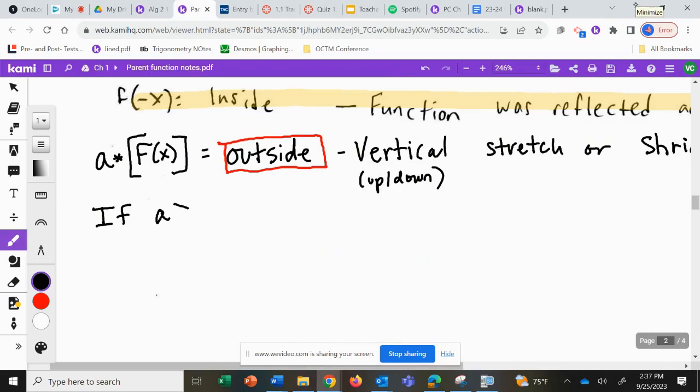If A is greater than 1, we're going to have a vertical stretch. If we multiply by something that's bigger than 1, it gets bigger. Now, McKendrick also went on. He said, if it's less than 1, then it's going to be a vertical shrink, and that's not always true.